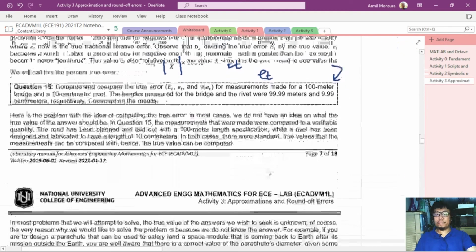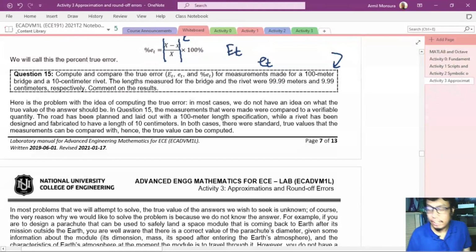Okay. Now, here's the problem with the idea of computing the true error. Okay. In most cases, we do not have an idea on what the true value of the answer should be. In this question kasi, there is a standard that we can benchmark our difference. Okay?